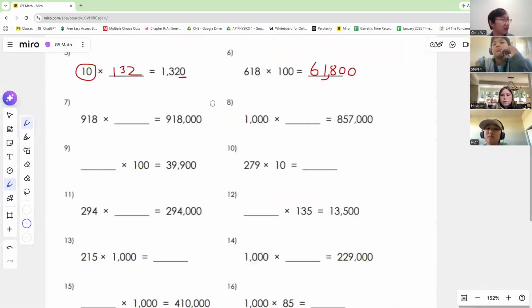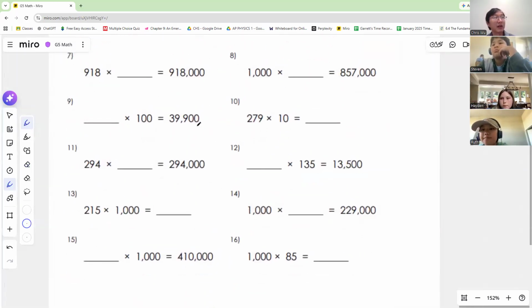All right. So now let's give this problem a try. Okay.